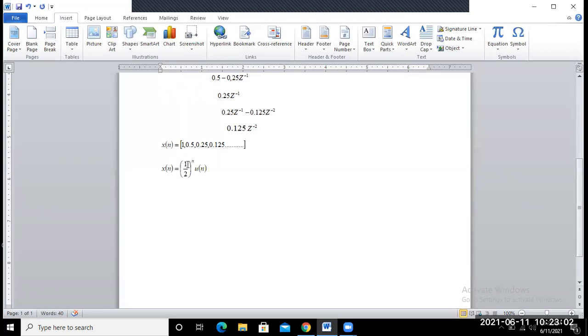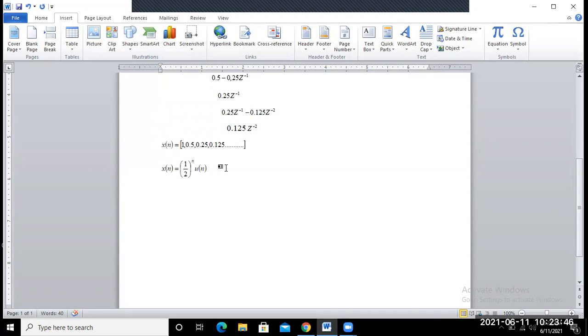If you put n equal to 3, 1 by 2 to the power 3, that means 1 by 8, is your 0.125. u3 is 1.